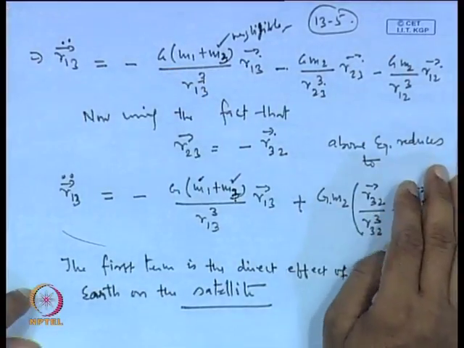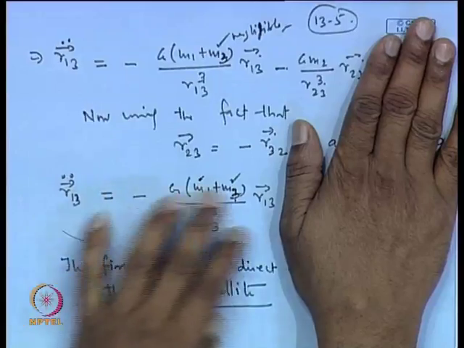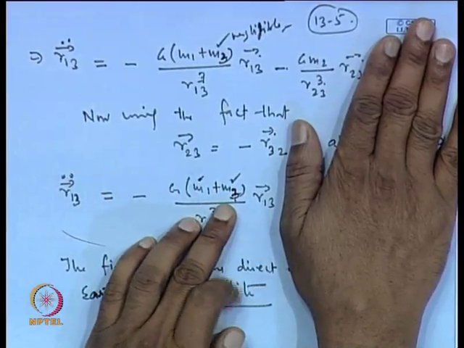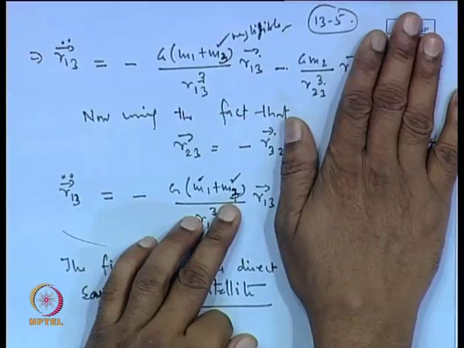Just like in the two body system, if we remove this term, we can see that in the two body system we got the same kind of equation, where M3 was the mass of the body which was orbiting the heavier body.